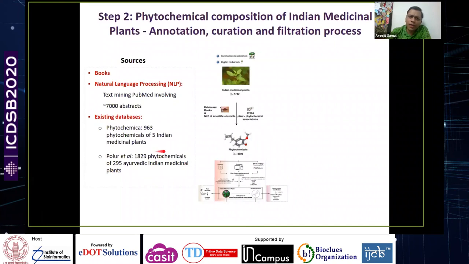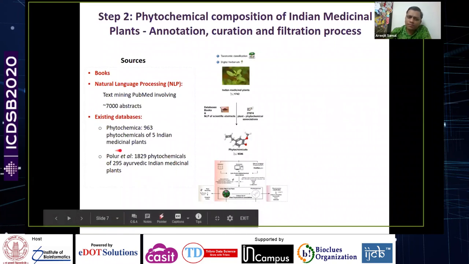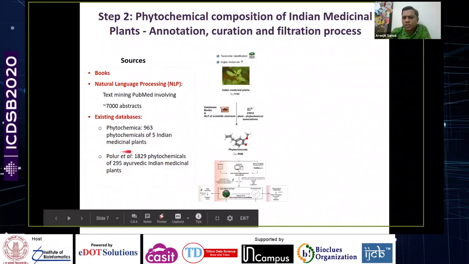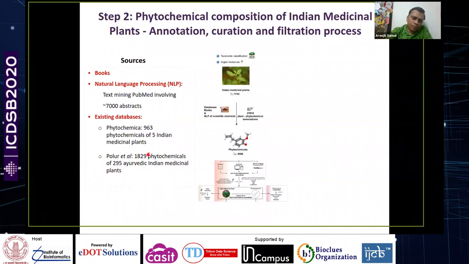Unfortunately, Polur et al. never published a database, and the work did not contain any supplementary material. So we had to extract this information out from the NutriChem database, which claimed to have collected the data from Polur et al. So as you see, before our work, it was basically limited to around 1,000 or 2,000 phytochemicals, and roughly less than 300 plants.